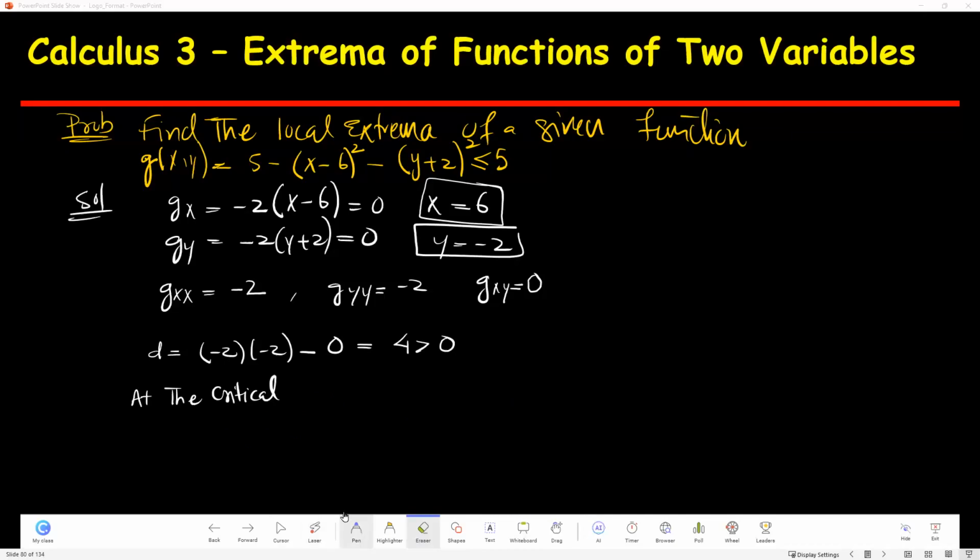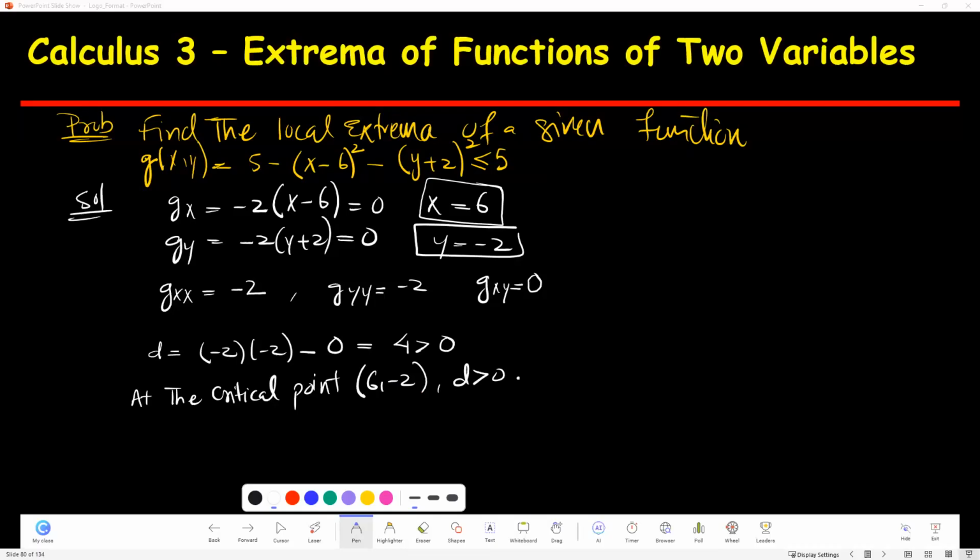So at a critical point, which critical point? The one we just evaluated, 6 comma minus 2, D is bigger than 0, and gxx is less than 0. If I substitute here it is minus 2, less than 0. So if it's less than 0, it should be a maximum, right? We have a relative maximum.